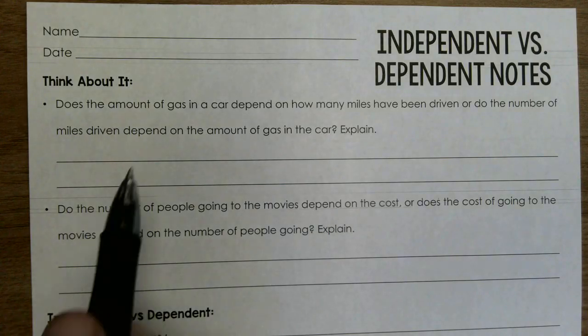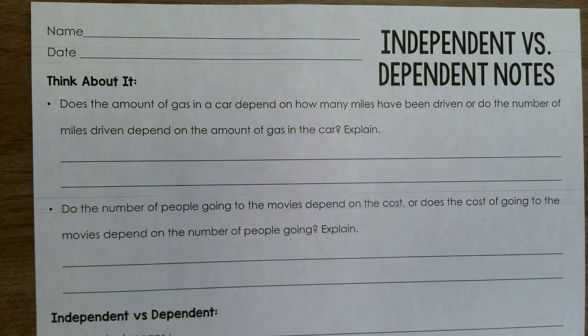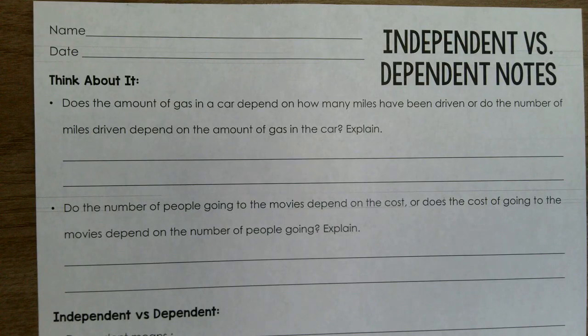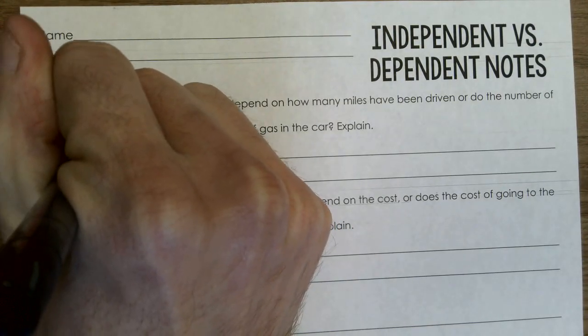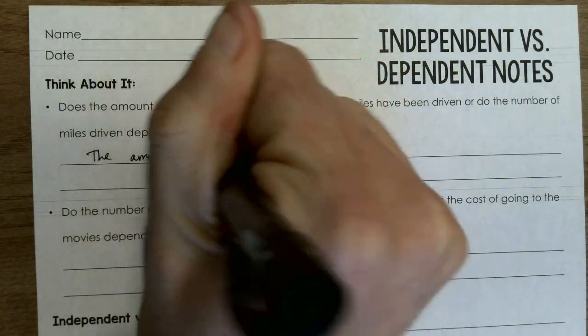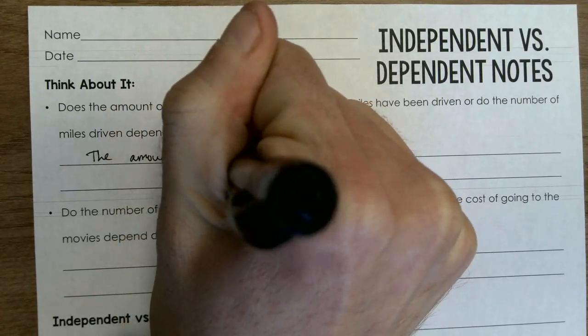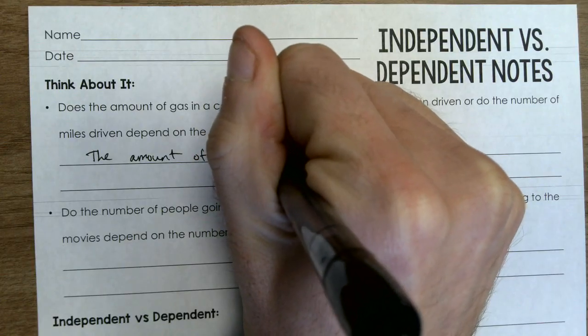So think about it up here: does the amount of gas in a car depend on how many miles have been driven, or do the number of miles depend on the amount of gas in the car?